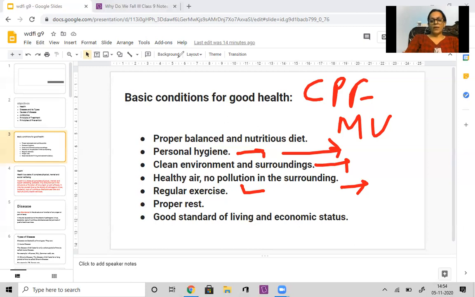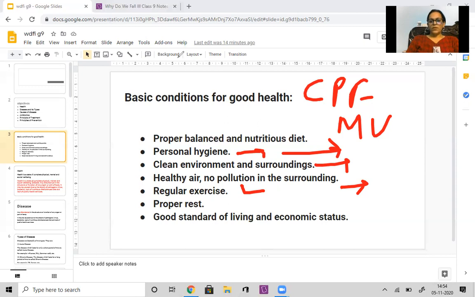Everybody needs a vehicle, and everybody is even going for near distances also using vehicles. Now if your mother says, beta, go to the market and bring something, in your colony only, you would like to go by your scooter instead of using a bicycle, right?